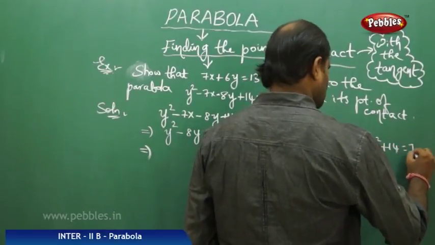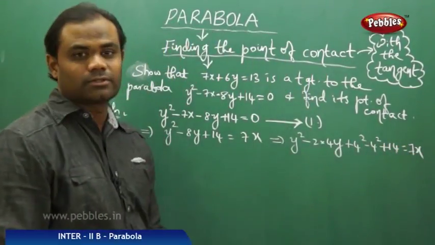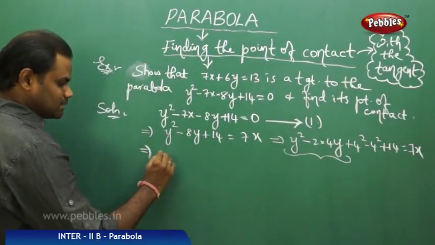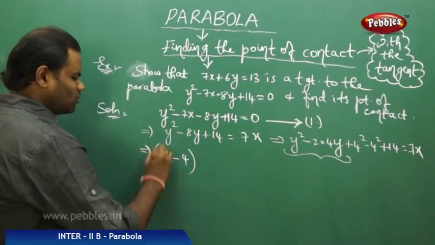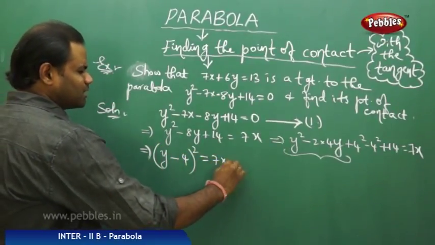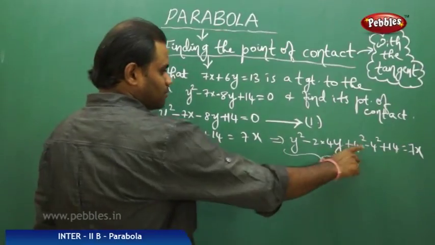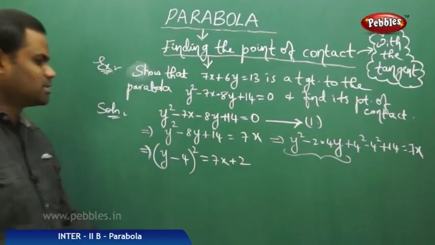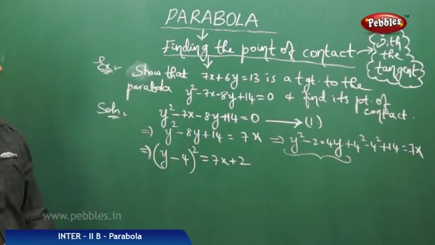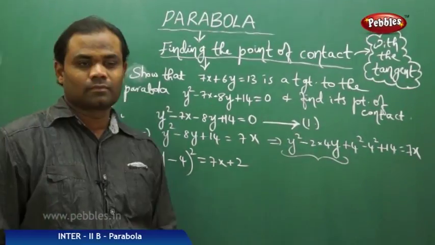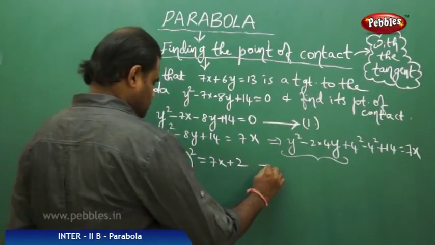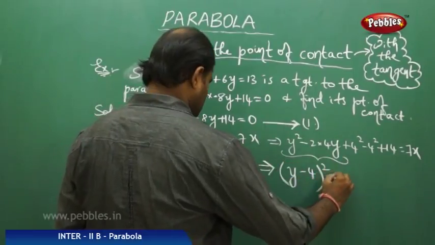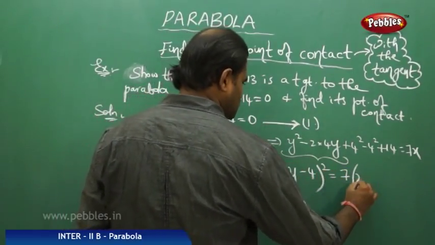Reducing this to the standard form, I get y minus 4 whole square equals 7x minus 16 plus 14, which is minus 2, which comes as plus 2 on the right. So this when reduced to the standard form gives y square equals 7 times of this.